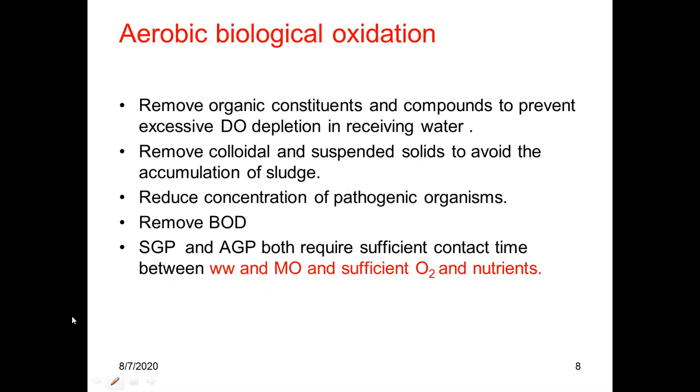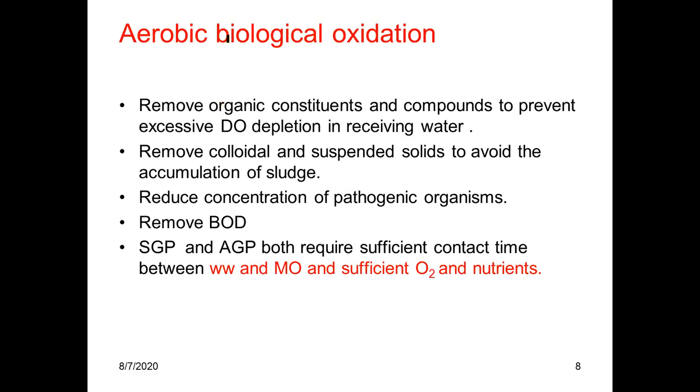What does that mean? If there is organic matter in the wastewater, what happens? The dissolved oxygen level decreases because the microorganisms consume the dissolved oxygen to degrade that organic matter.